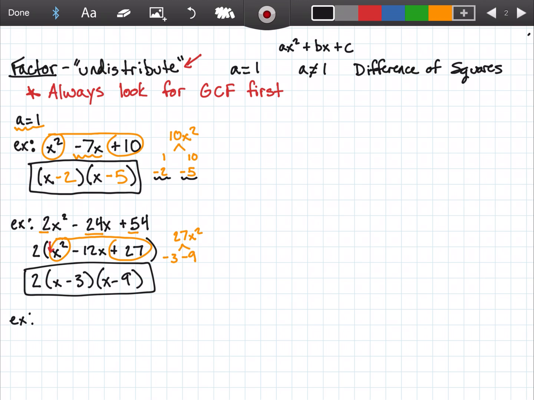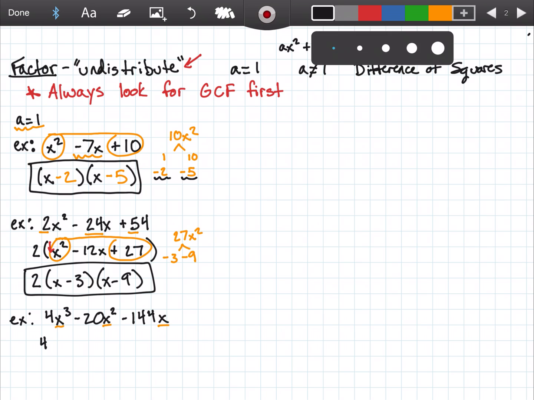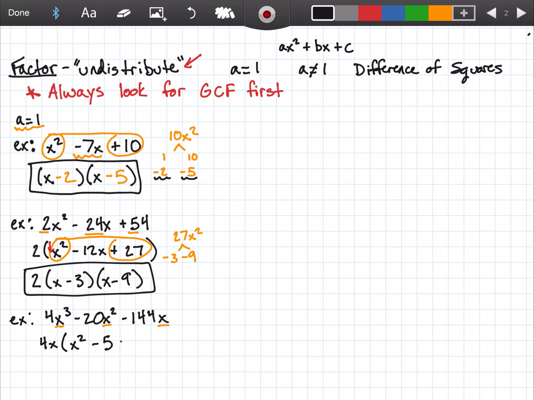One last refresher for you. GCFs don't always just look like coefficients, because I could have 4x cubed minus 20x squared minus 144x. Oh, hey, wait a minute. Sure, all of those are divisible by 4, but all of them also have an x on them, so we could also take out 4x. We get x squared minus 5x.